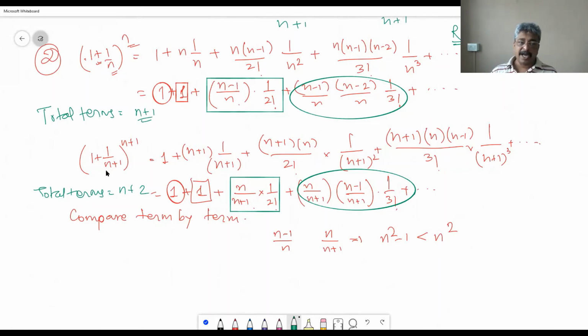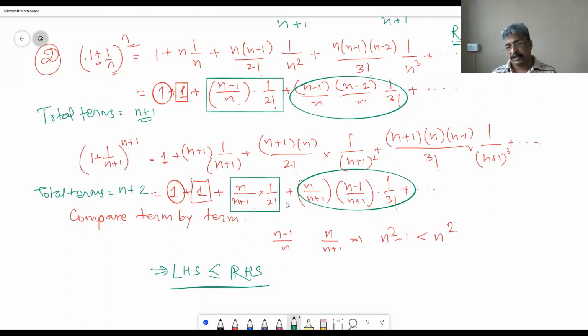So in the RHS we have one extra term, and every corresponding term after the second term is greater compared to the LHS, and therefore LHS is less than or equal to RHS.